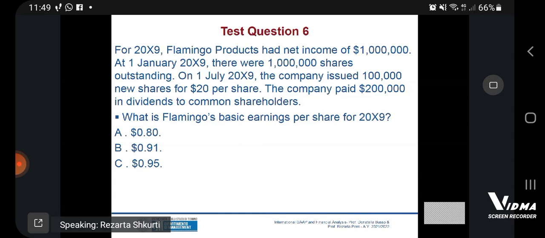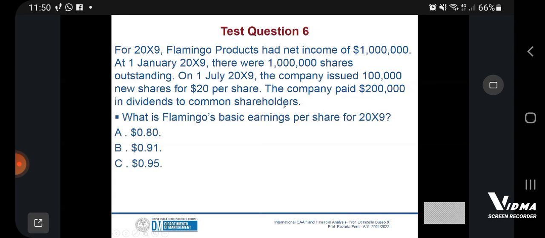Remember, the payment of the dividend to common shareholders does not mean that I have to deduct that amount from the earnings. Net income, 1 million, is still the amount of earnings that I will use for calculating basic earnings per share. I deduct only the amount of preferred dividend, not ordinary dividend.